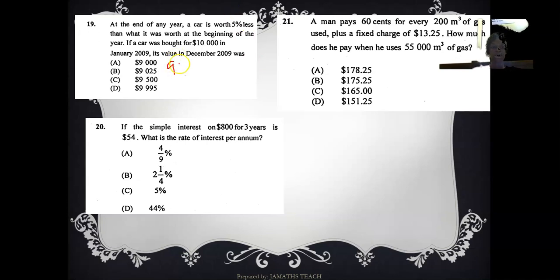So instead we'd have 95 over 100 multiplied by 10,000.